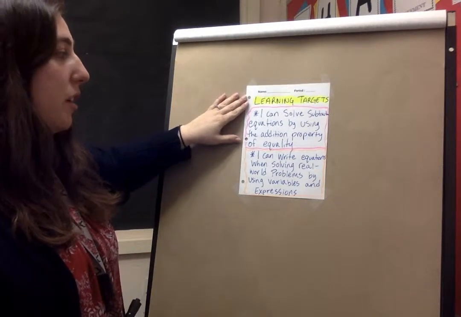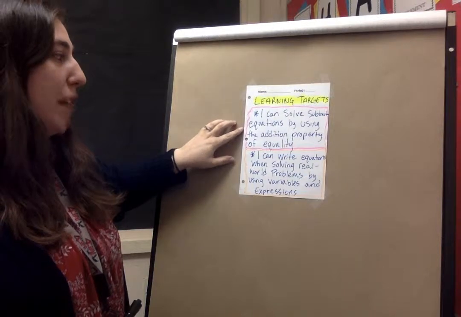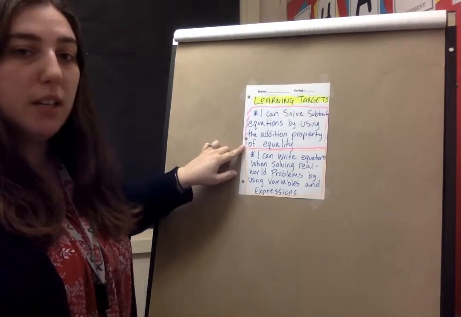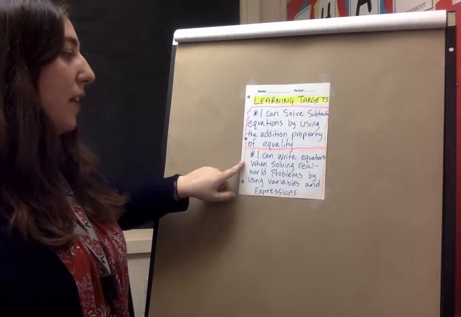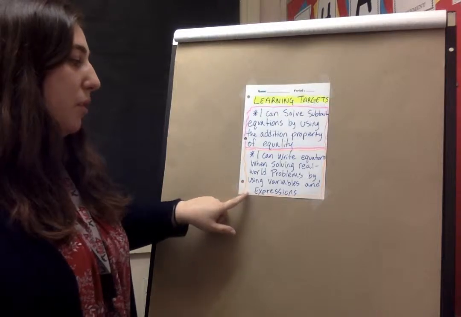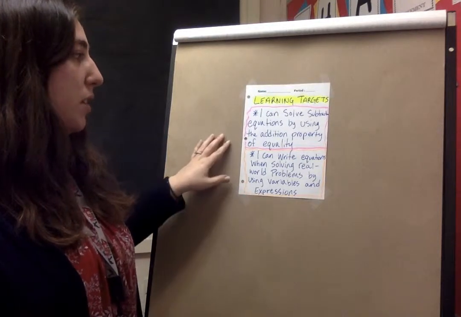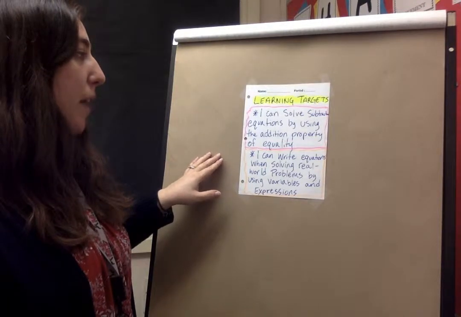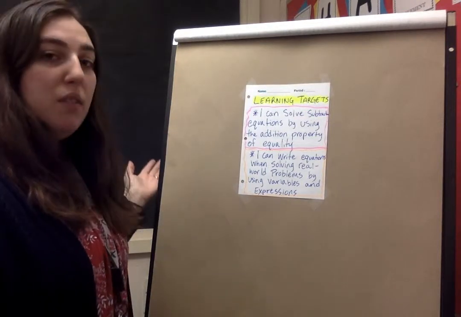Okay, so our learning targets for today: I can solve subtraction equations by using the addition property of equality, and I can write equations when solving real-world problems by using variables and expressions. So we talked a little bit about these today in class. We talked about how it relates to the previous lesson.